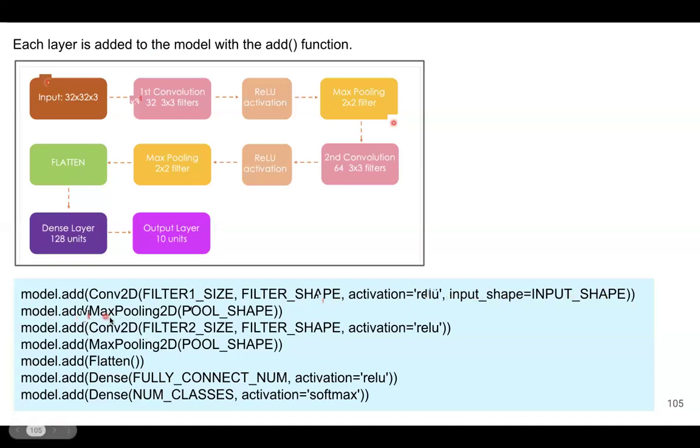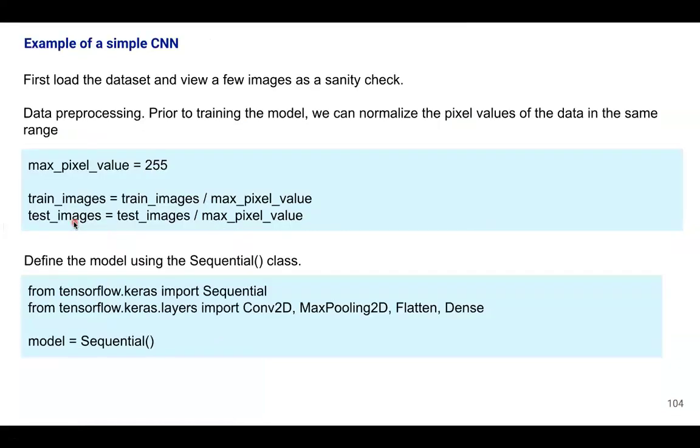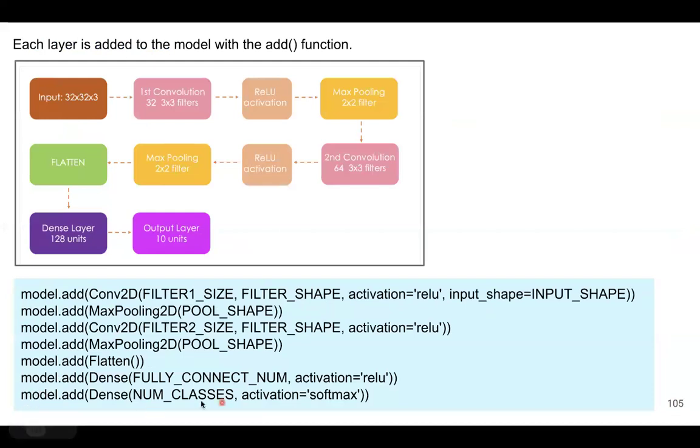Then you add max pooling with the pool shape and so on. Then when you have already done your conv and max pooling steps, you first flatten, then you add the dense layer, fully connected, and this is the variable here, fully connected number 128, which was a decision that we made here. And then the last layer is the softmax layer with number of classes. This is 10.